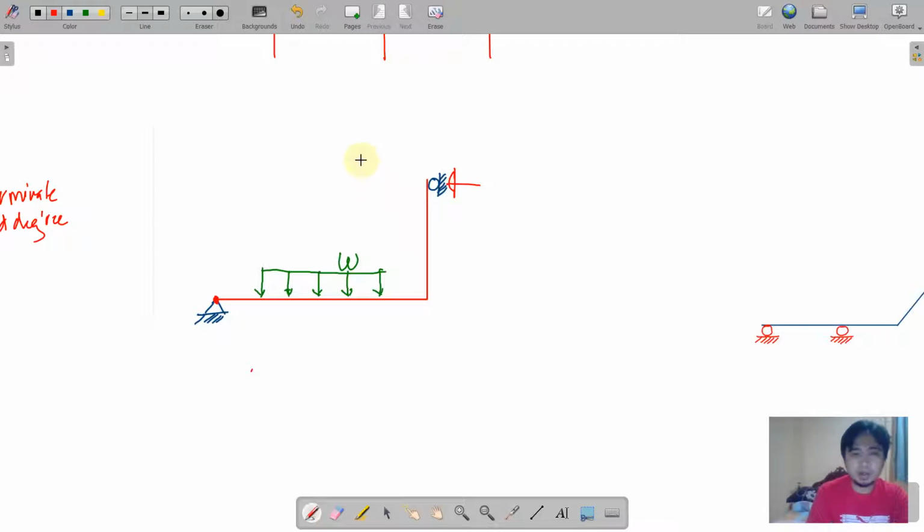However, if there is a vertical or gravity load on this, it will rotate in this direction, and there will be no other reaction to restrain or prevent that rotation. So this is unstable.